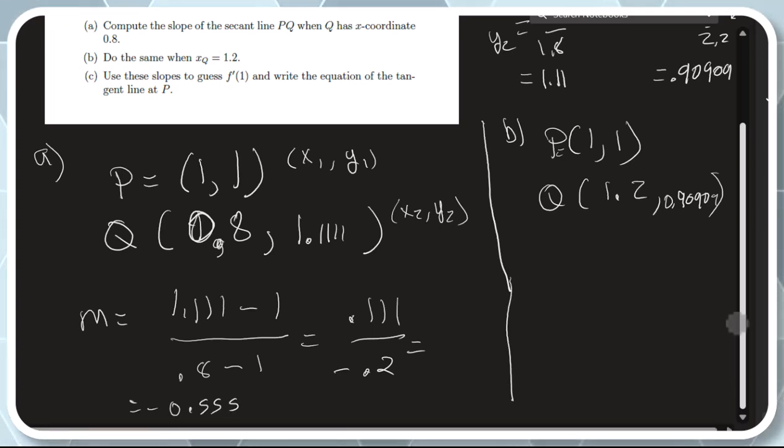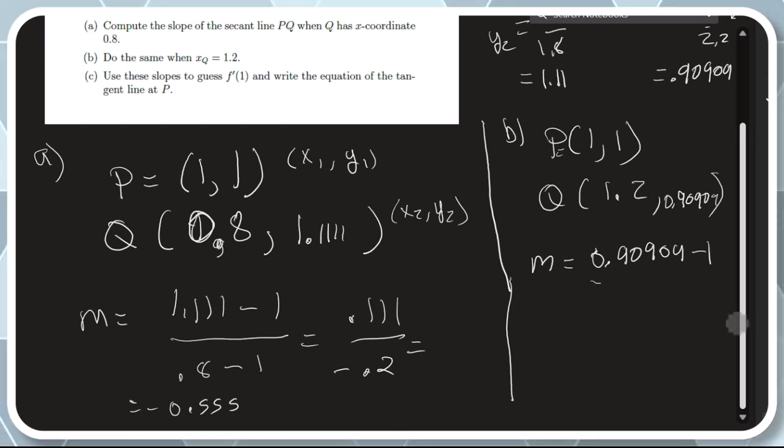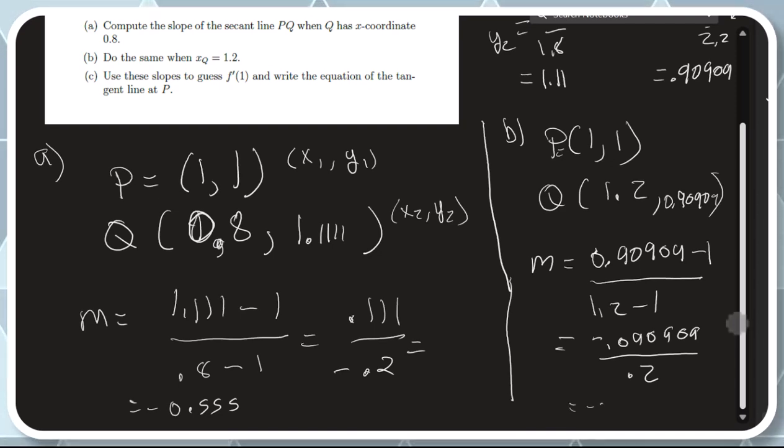And for part B, we would have m equals 0.909 minus 1 over 1.2 minus 1, which is negative 0.090909 over 0.2, which is negative 0.4545.